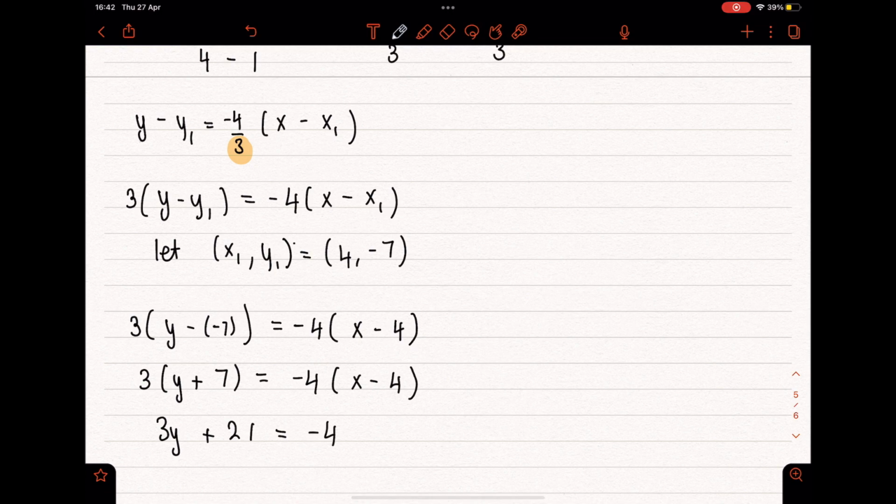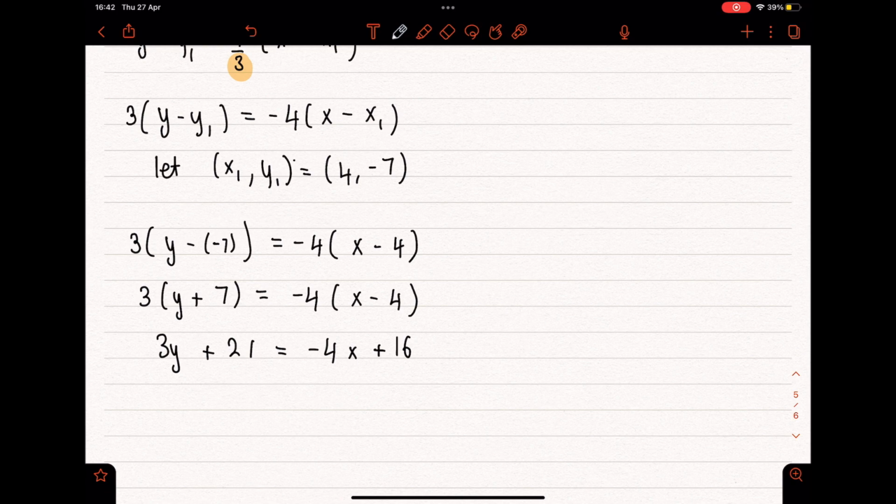So now if we expand this, we have 3y plus 21 is equal to minus 4x plus 16.